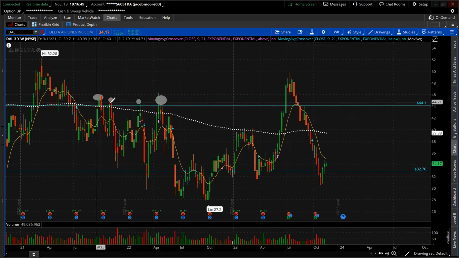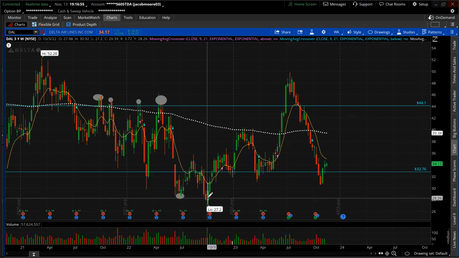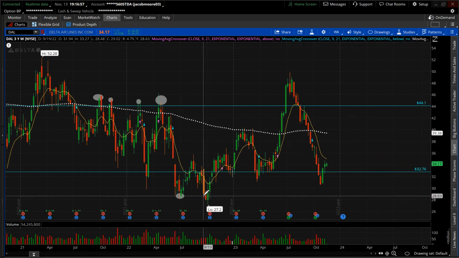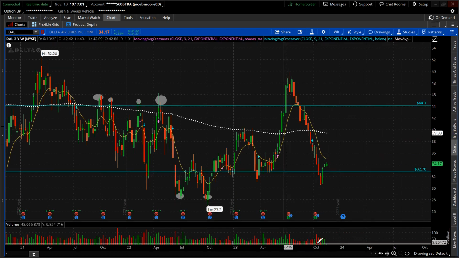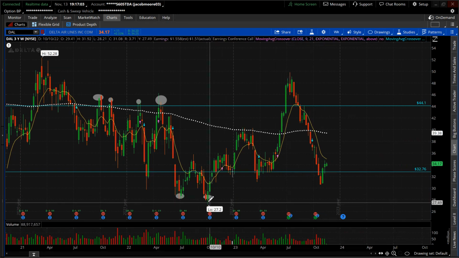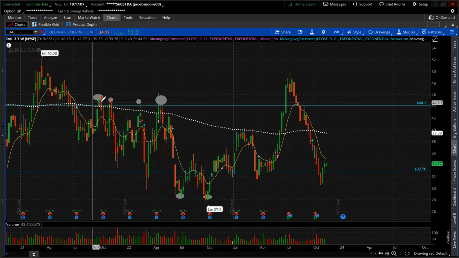So yeah, here's a quadruple top. We have a double bottom here that we just saw. And again, when you're talking about these hundreds of millions of volume, it's not going to be perfect. These are not perfect double, triple tops, quadruple tops. However, it is showing that there's very little price action here.